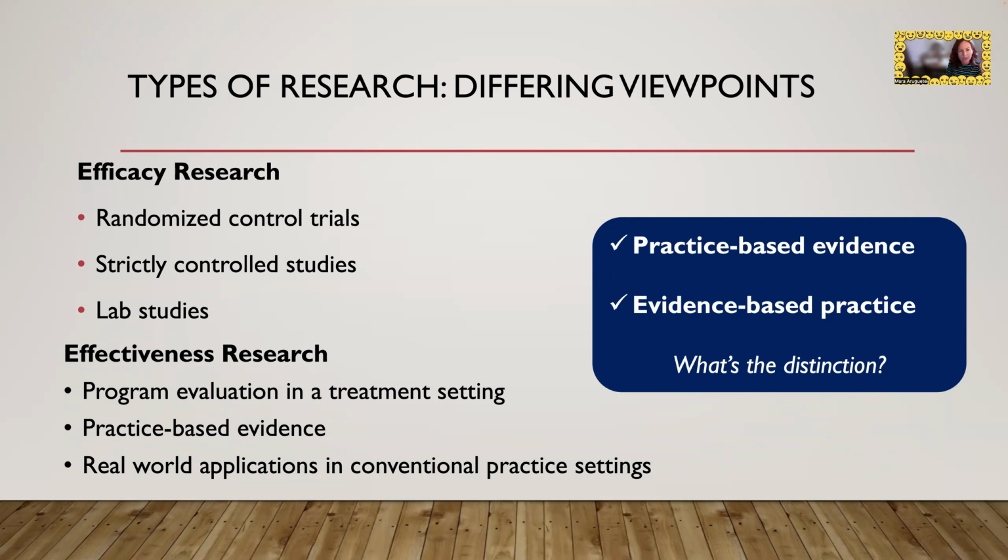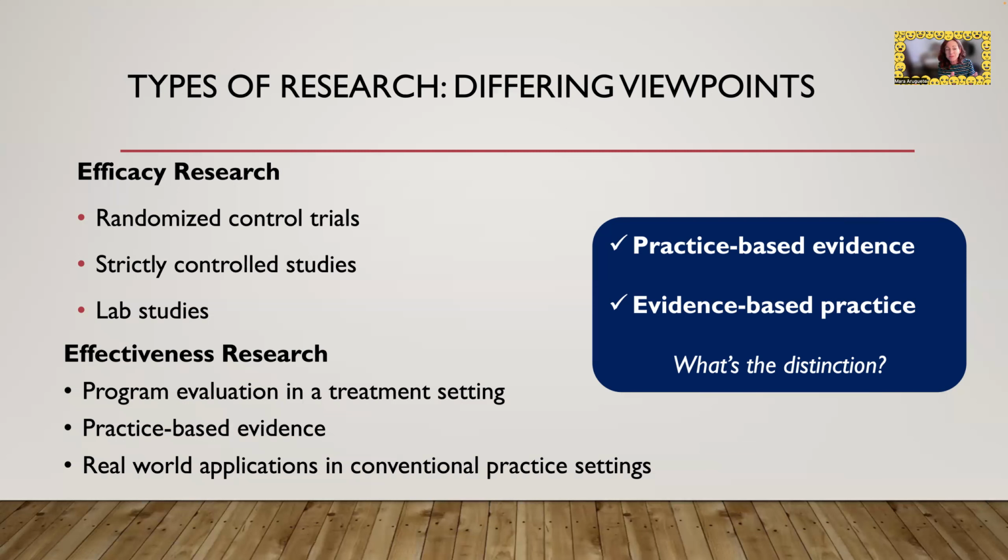A lot of times these are done in laboratories or in other settings rather than treatment settings. I don't want you to think it's like a lab with test tubes and stuff like that. They're strictly controlled. People are randomized and their conditions are completely controlled to make sure that those two groups are exactly the same except for that treatment. So everything's really well monitored because we want to make sure that the treatment is the only difference between groups. So here's where we see those randomized control trials in efficacy research.